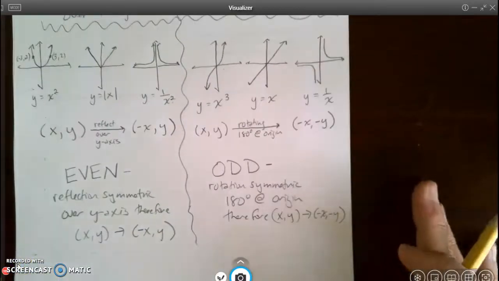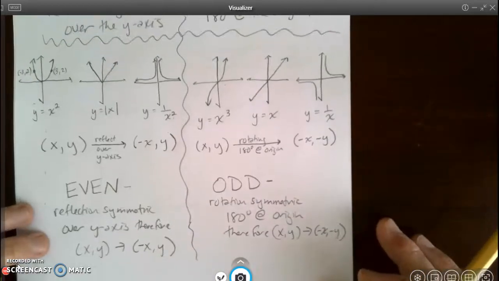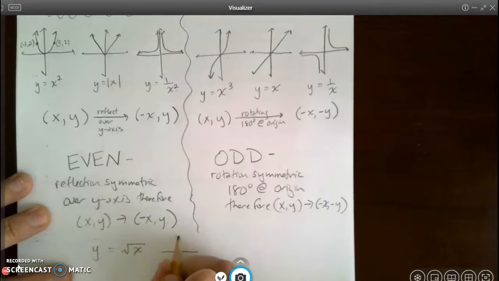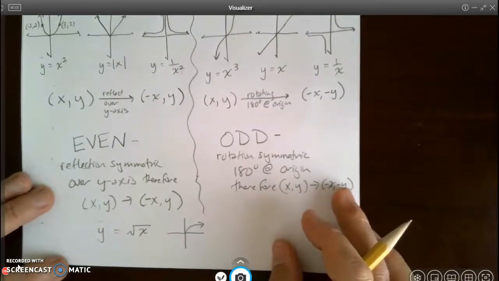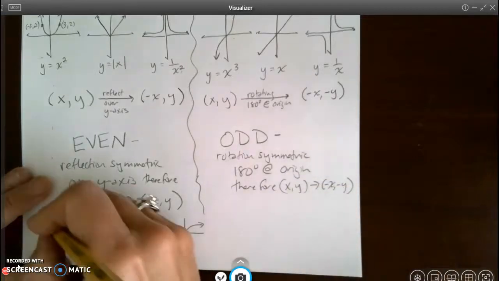Right, I do want you to notice that we only have 6 of our parent functions here. Every graph doesn't have symmetry. For instance, y equals the square root of x, where the graph looks like this. This is not reflection symmetric, nor is it rotation symmetric.